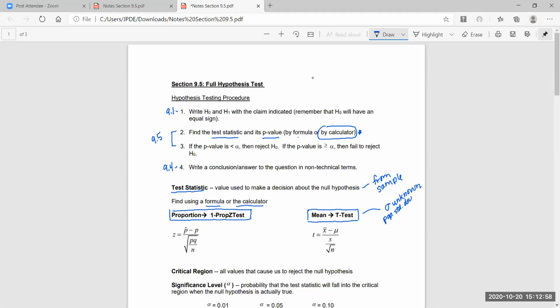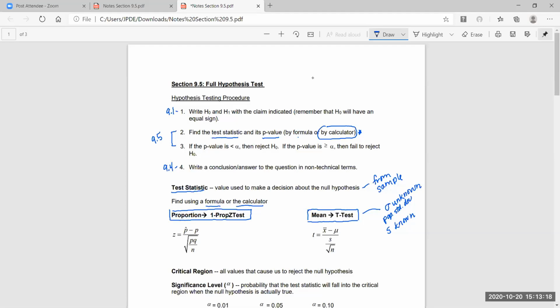Okay, you will know the sample standard deviation, or you will be able to find it. So all of the means will be using a t-test, and all of the proportions will use a 1 prop z test.